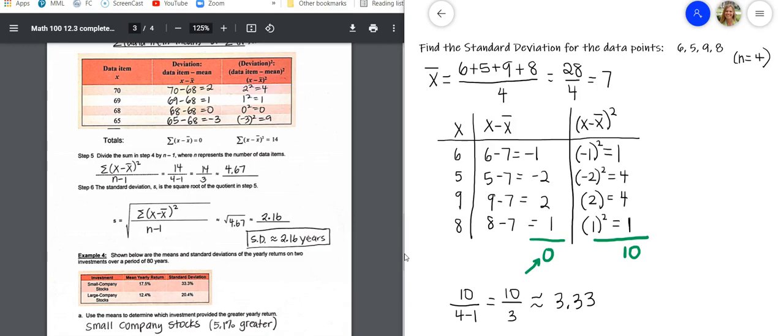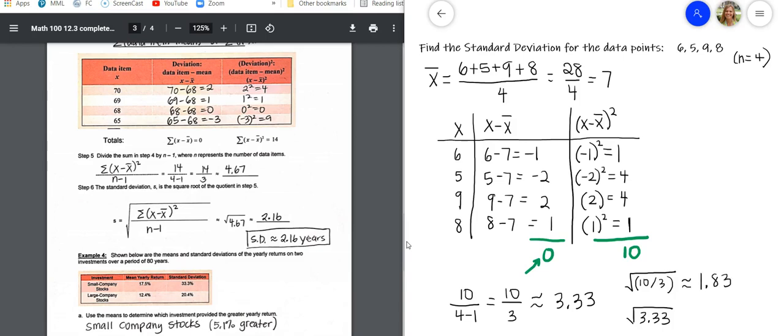Our last step is to take the square root of that number. So notice if I calculated on my calculator the square root and I left it as 10 over 3 versus taking the square root of 3.33, let's see how they differ. Square root of 10 over 3, if I round that to 2 decimal places, I get 1.83.